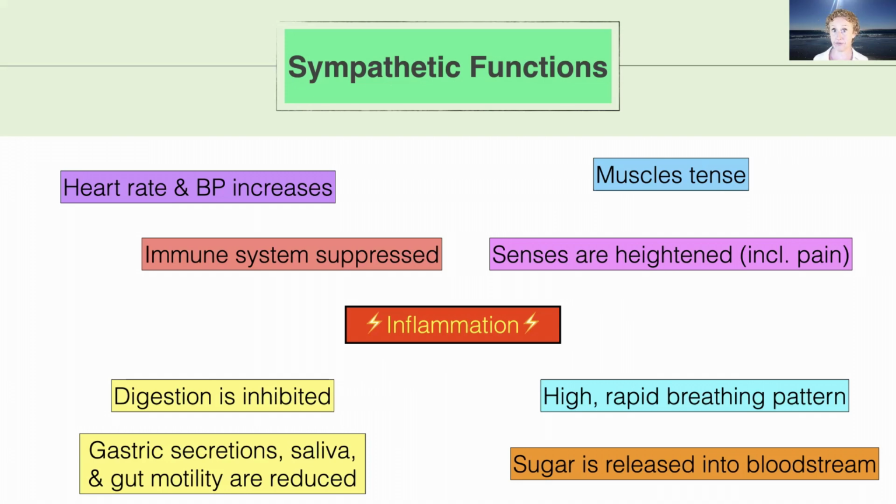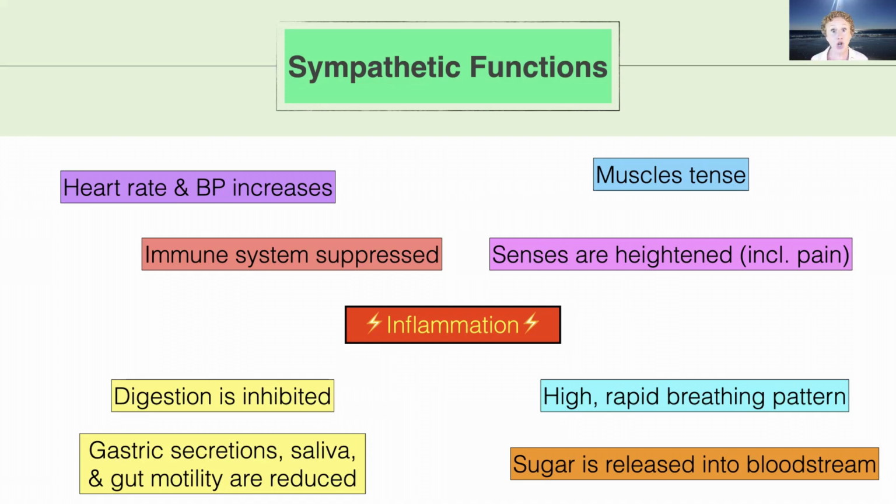Digestion gets switched off. So when you are stressed, again, digestive system takes a lot of our overall energy. So it gets switched off so we can divert that energy to whatever it is we need to deal with. So that means that anything we've eaten can just sit and not be processed in the way that it should be, which is why we can get digestive discomfort that goes along with being in a stressed state.